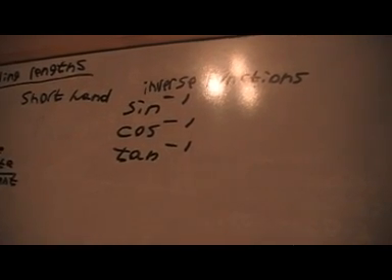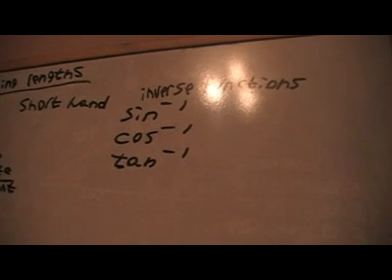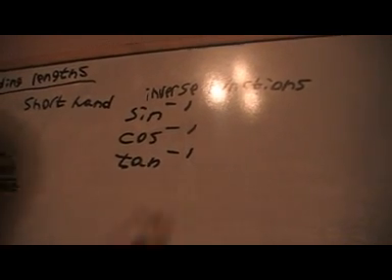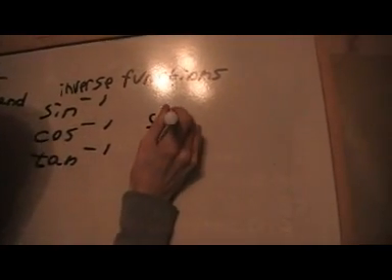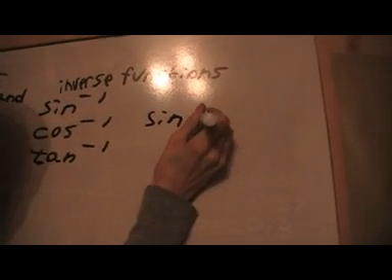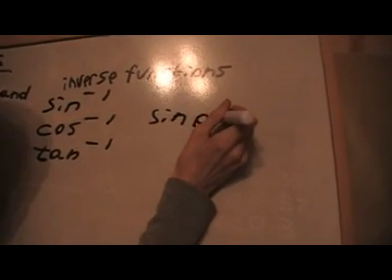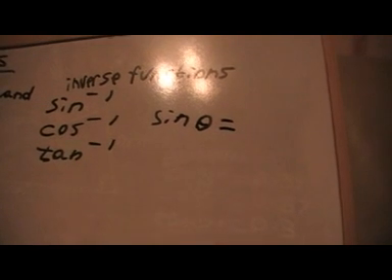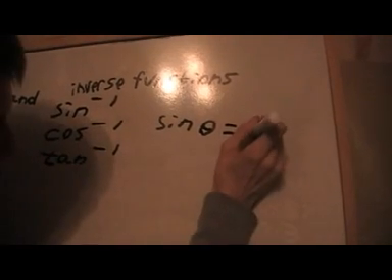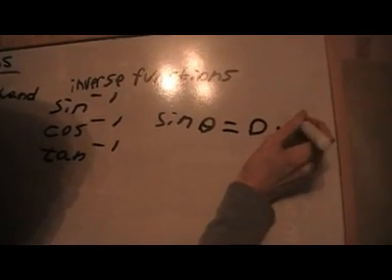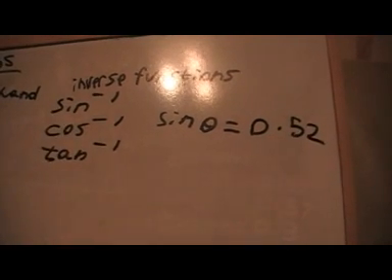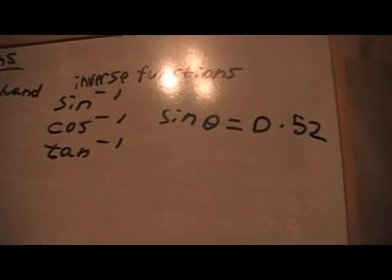So if I say there's an angle and it's got a sine of something, so we've got some unknown angle, theta, and let's say it's got a sine of 0.52.